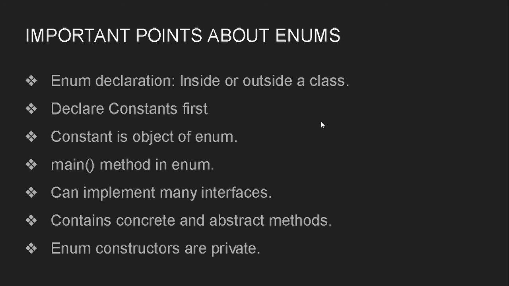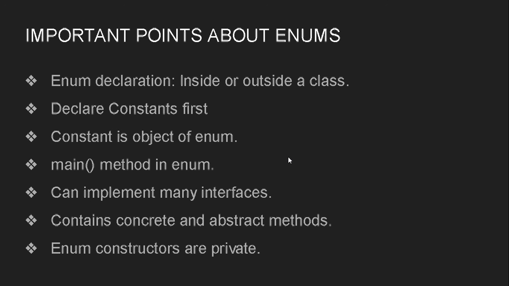You can define the constructor, you can define the methods, etc. In a class or in an interface it doesn't matter. Obviously in a class you can declare the constructor first, then a variable, then a method, or you can declare the variable first, then a method or a constructor. The order doesn't matter for a class, but in an enum the order matters a lot.